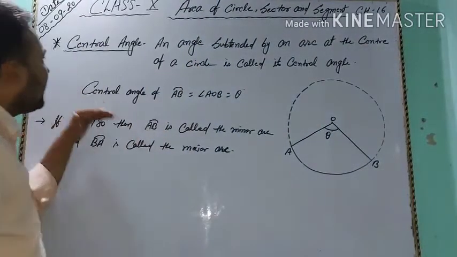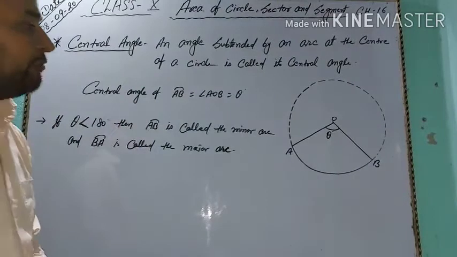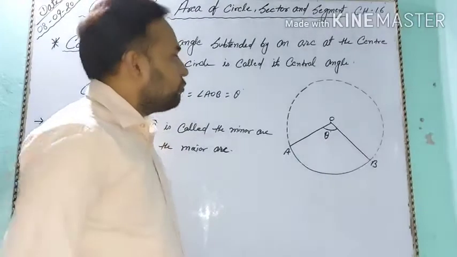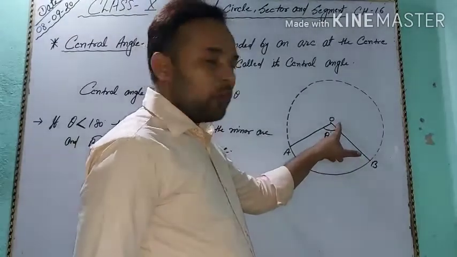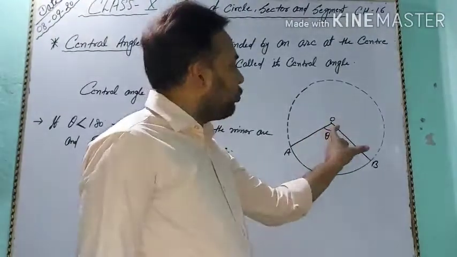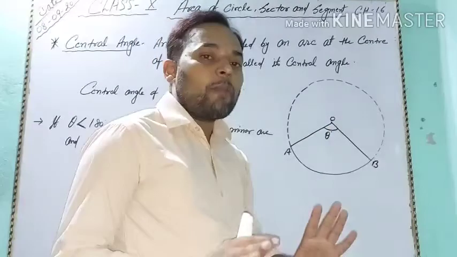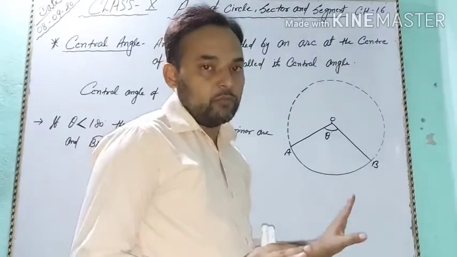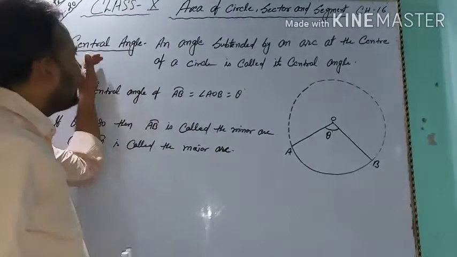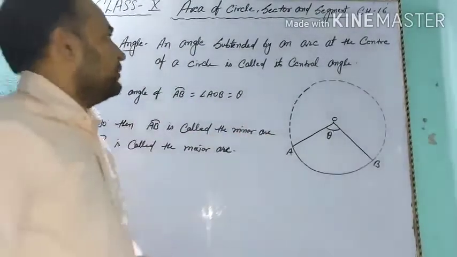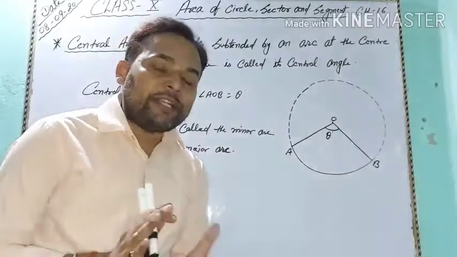First is, what is the central angle of a circle. Okay, so students, this is a circle. O is the center of the circle, and OA and OB are the radii of the circle. So what is the central angle?